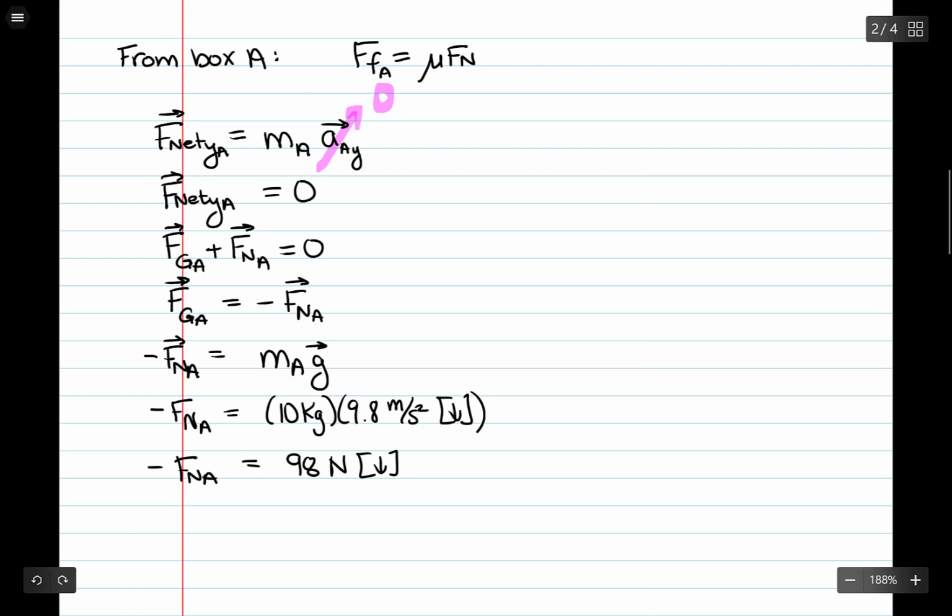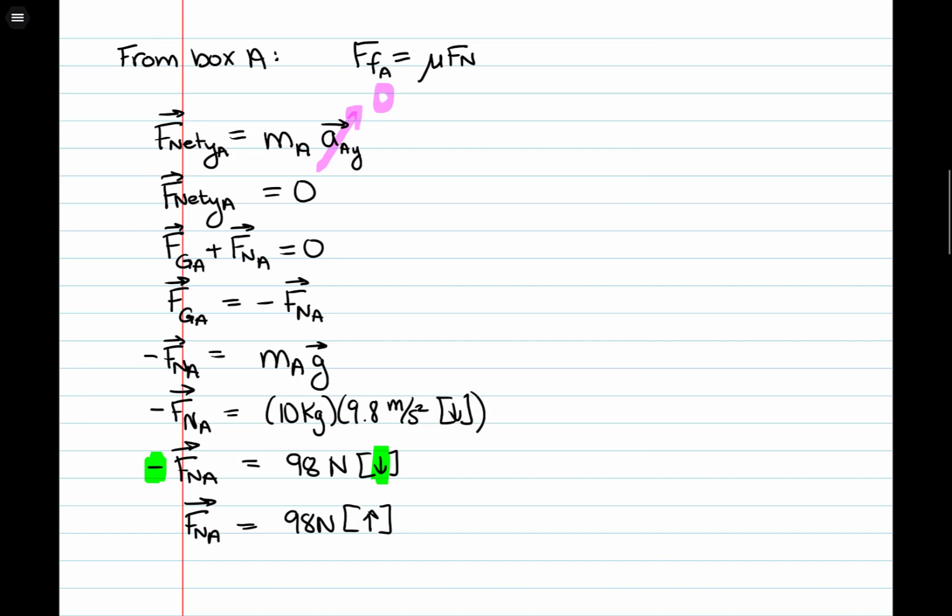Well, we don't want the negative normal force, we want the normal force. So the normal force on box A, and this should still have a vector on it, will be the opposite direction. So 98 newtons acting upwards. Okay, and that's because I dealt with the fact of negative and the downward directions.